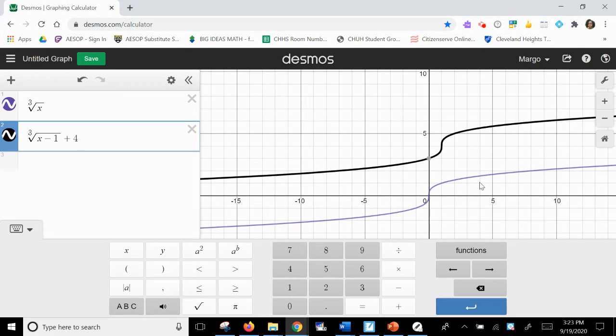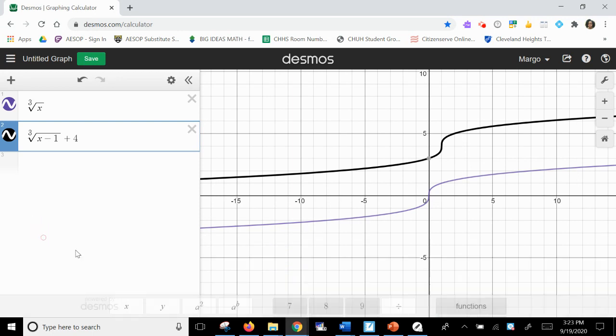So how do you determine where it moved? Well, look at where the curve changed directions in the mother graph. It changed directions at 0, 0. In our new graph, the curve changes directions right here at 1, 4, because the curve moved to the right 1 and then up 4. Notice the 1 and the 4 in the equation.